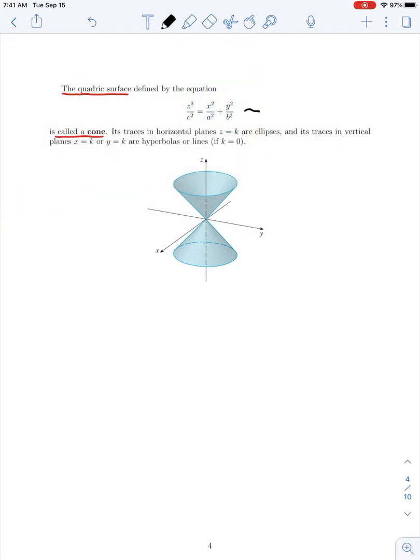An equivalent representation that we'll see throughout this course might be if we were to move the c squared across. So if we see something of the form z squared is equal to the sum of constant multiples of x squared and y squared, then we have a cone.